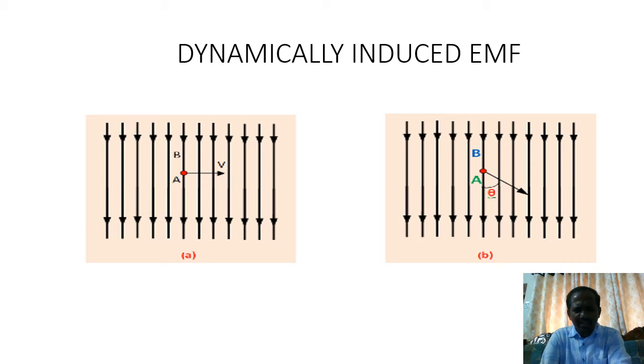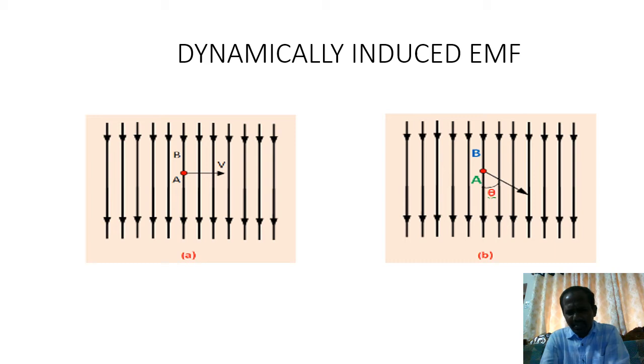This is our armature conductor with velocity V. You can see that the flux is perpendicular to the velocity V. The conductor actually rotates, but the flux and the armature conductor are perpendicular here.